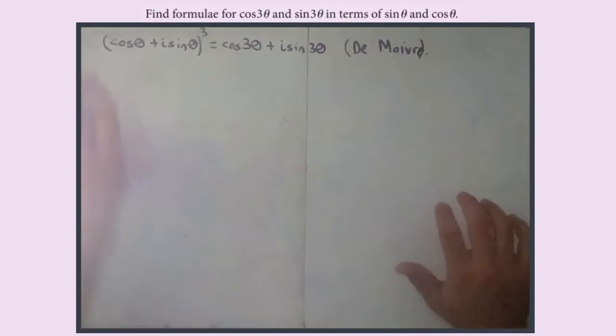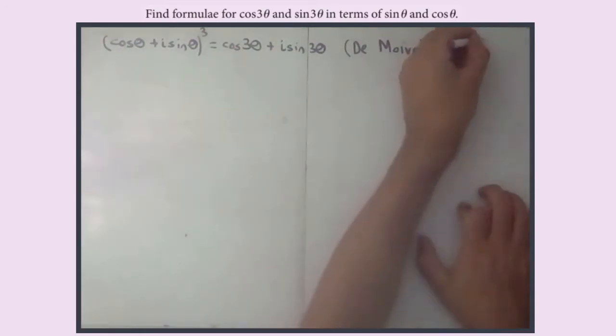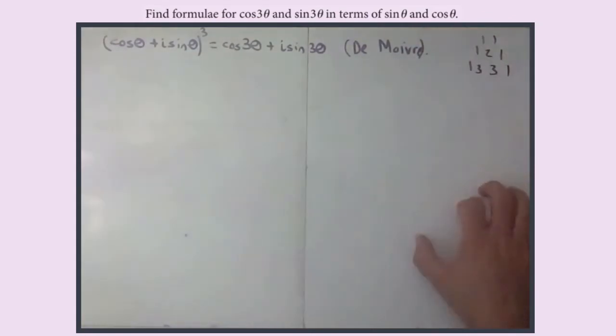So to expand a binomial to the third power, we're going to use Pascal's triangle: 1, 1 1, 1 2 1, 1 3 3 1.